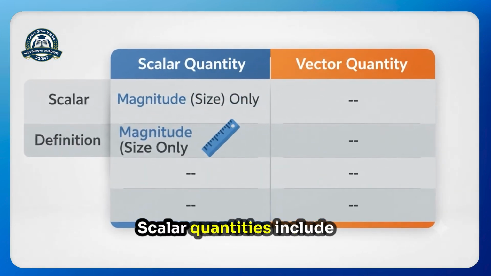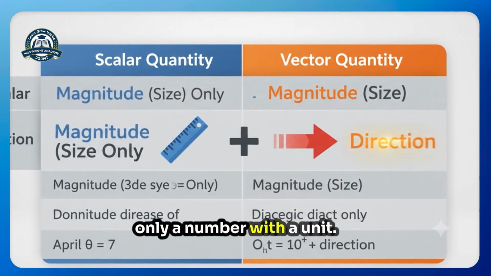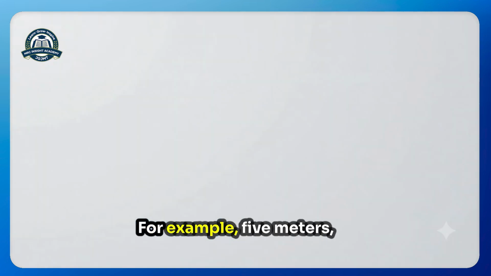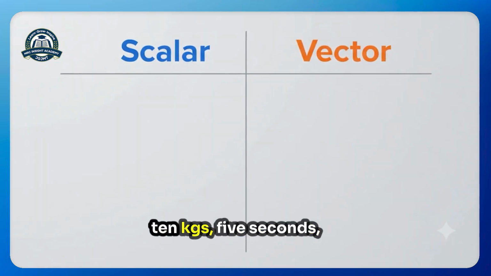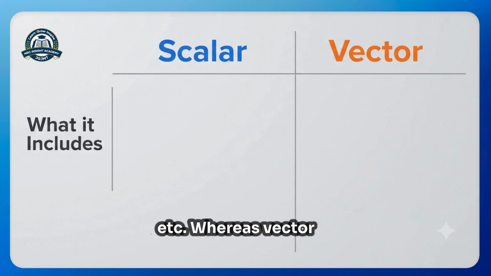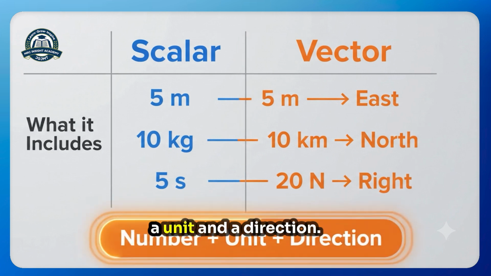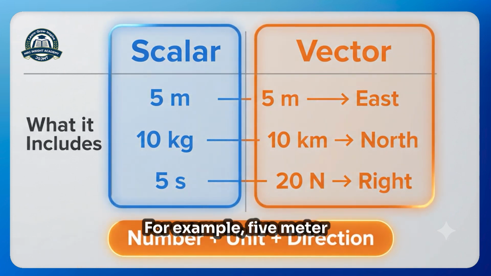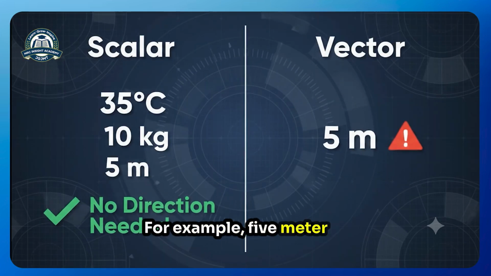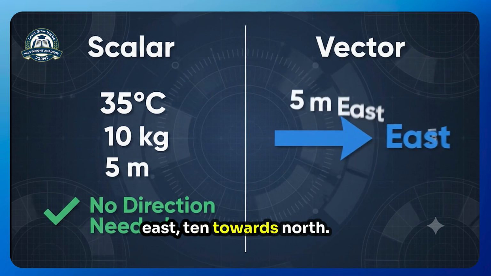Scalar quantities include only a number with a unit, for example, 5 meter, 10 kg, 5 second, etc. Whereas a vector includes a number with a unit and a direction, for example, 5 meter east, 10 towards north.